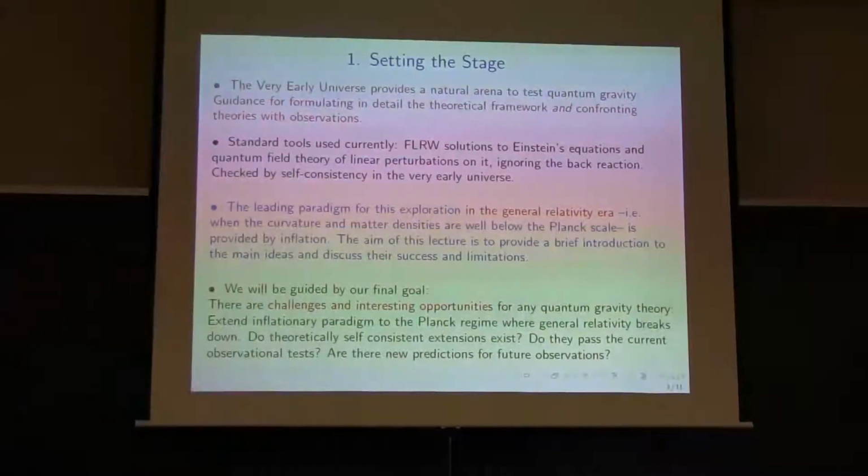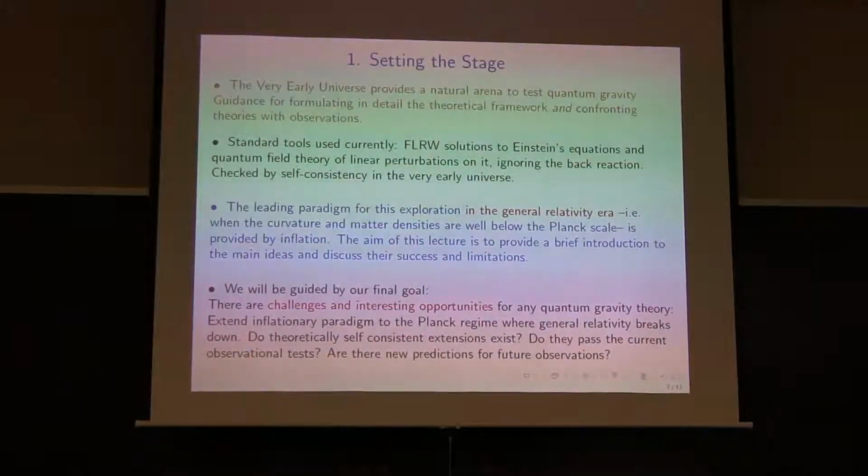Now, the standard tools currently used are Friedmann-Lemaitre-Robertson-Walker solutions with Einstein's equations and quantum field theory of linear cosmological perturbations, ignoring the back reaction. So we assume that these fluctuations have very low energy, so they don't really affect the background dynamics.